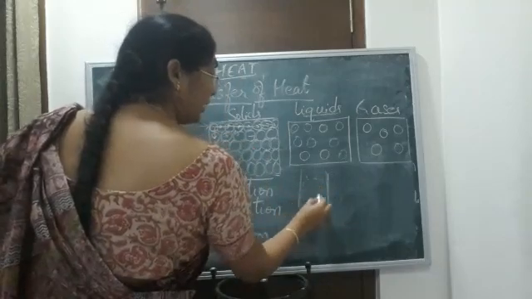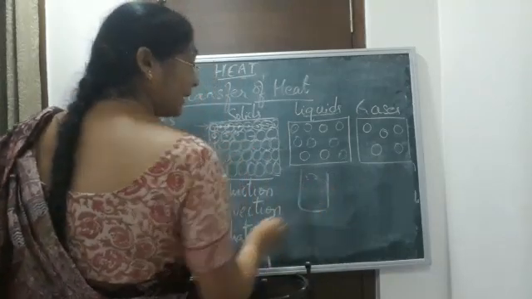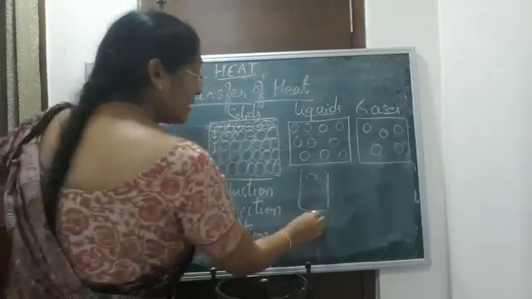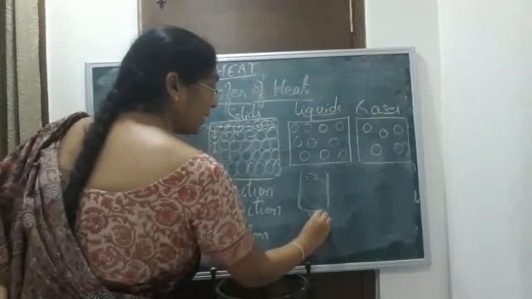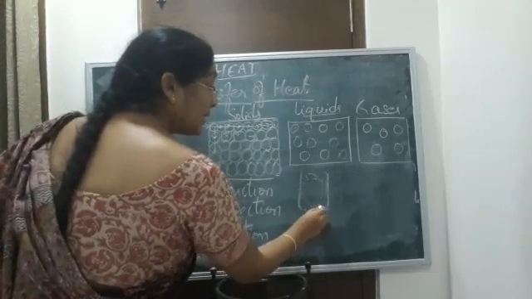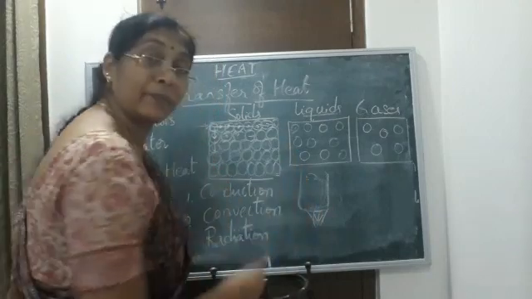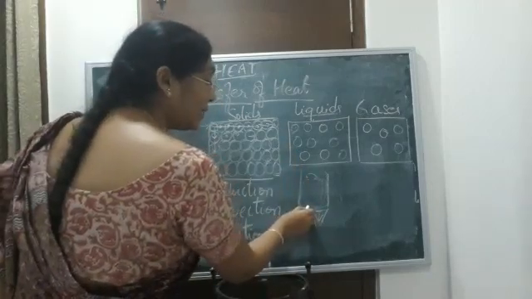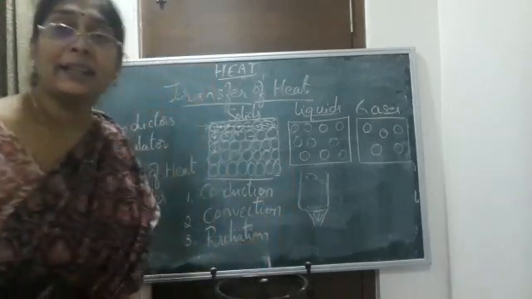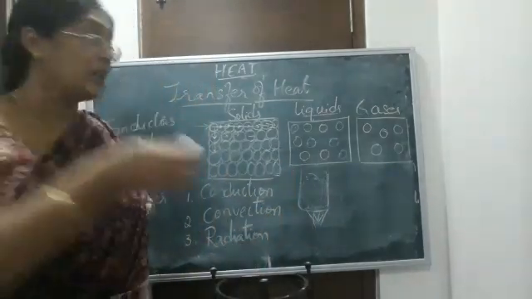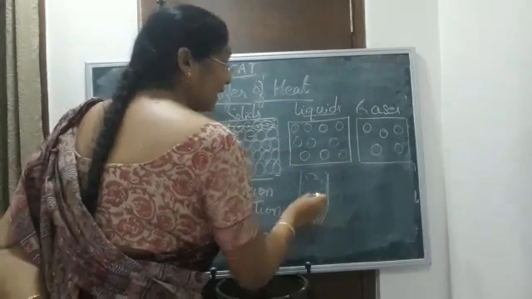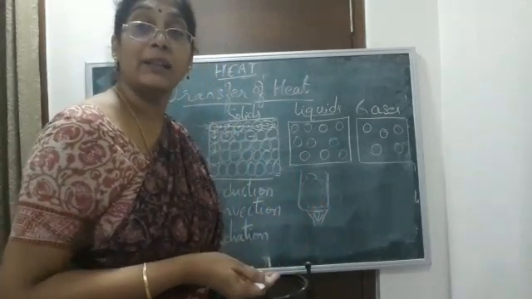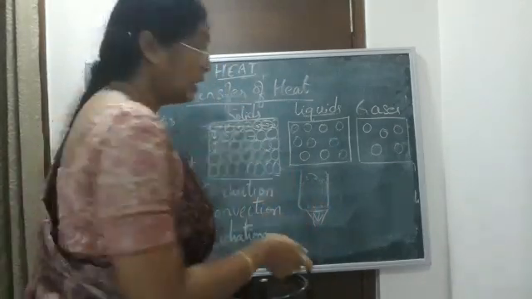This is because this is the source of heat. The molecules close to the base of the container receive heat and become hot. Anything that is hot becomes light in weight, so these molecules move up.